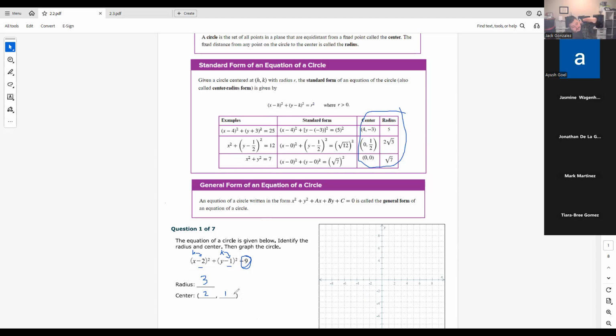So given that information, you can graph the circle. So start with this, go to the center, 2, 1. Remember, the center's not an actual point, it's just the center of the circle. Now, if the radius is 3, that means we're going to have all the points equidistant away from the center, right? So 1, 2, 3.